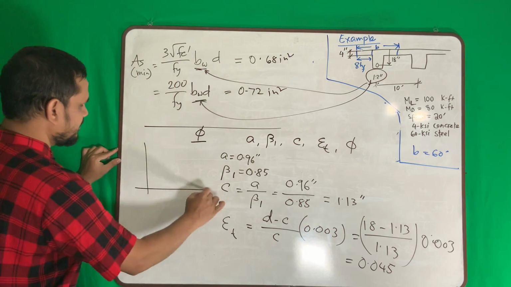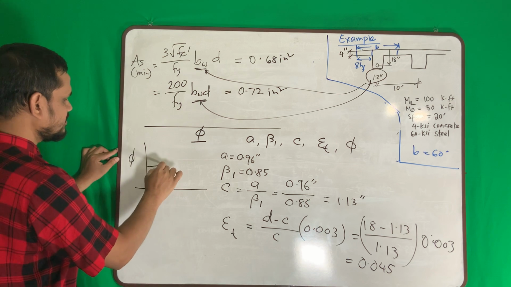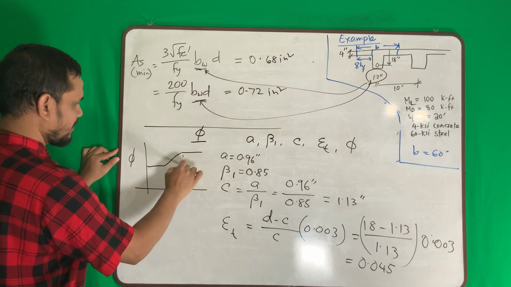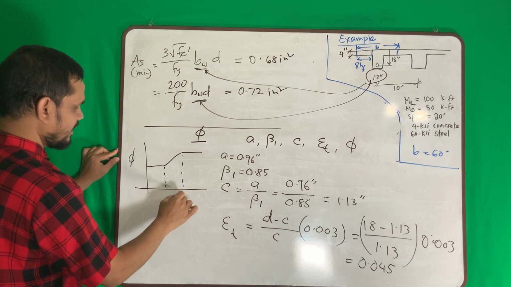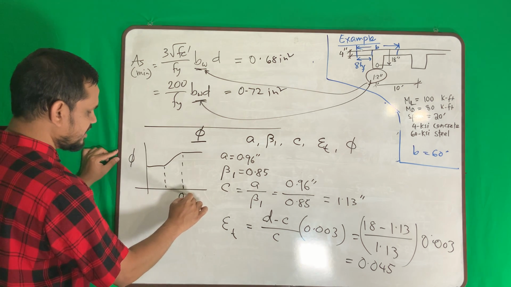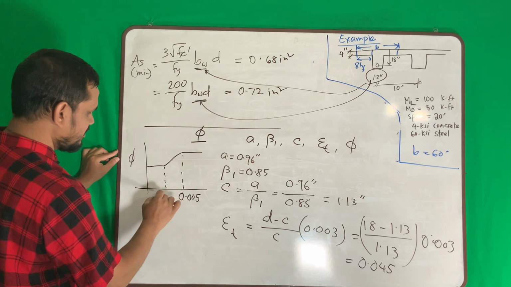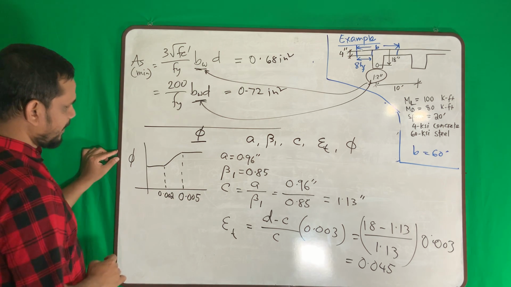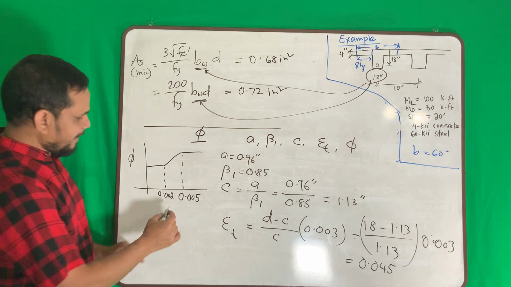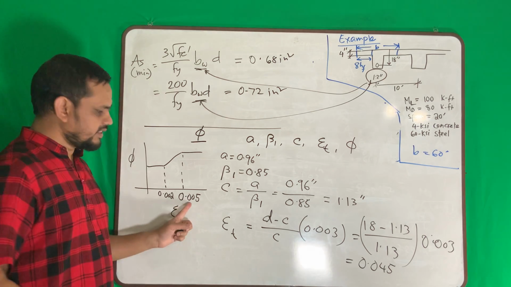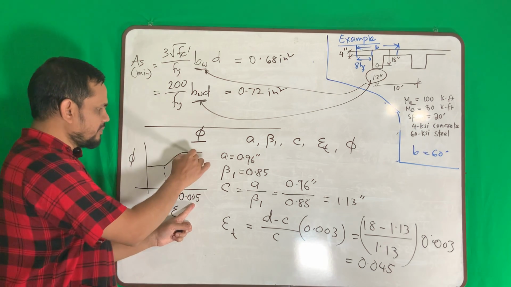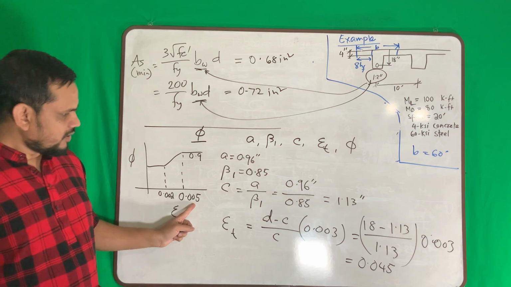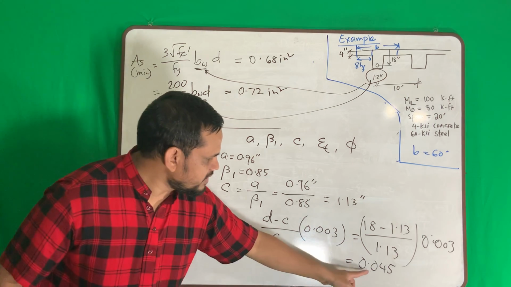If you can remember, our phi value is similar to this. If this value is greater than 0.005, so if our epsilon T is greater than 0.005, our phi is 0.9. What is our epsilon T here? 0.045.